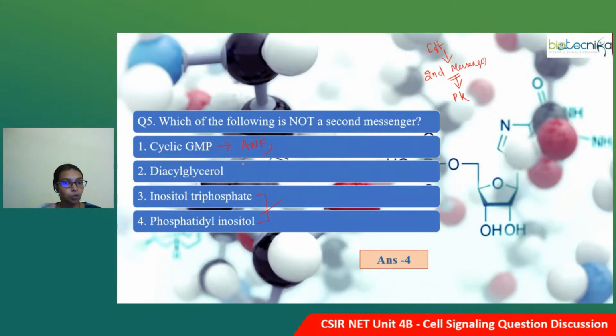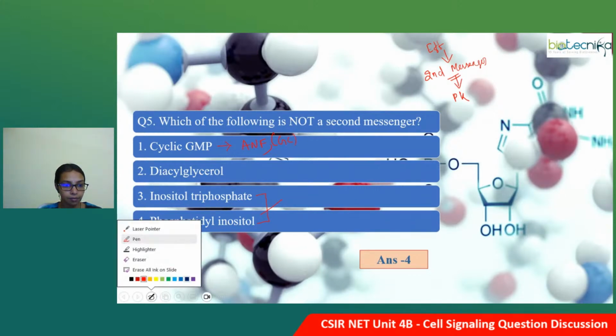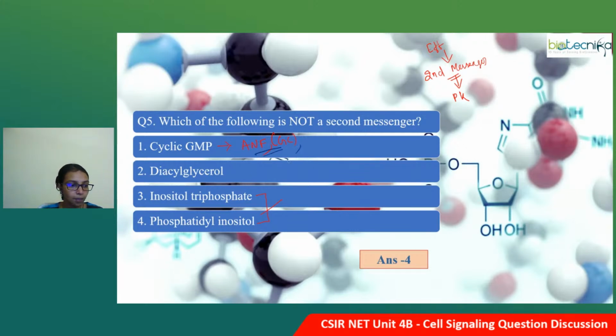Do we have any other pathway where cyclic GMP plays a role? Yeah, the same thing, Sunshine. GC, ANF, that is correct. Do we have any other pathway where cGMP plays an important role? Think out of all the pathways. Is only ANF present?